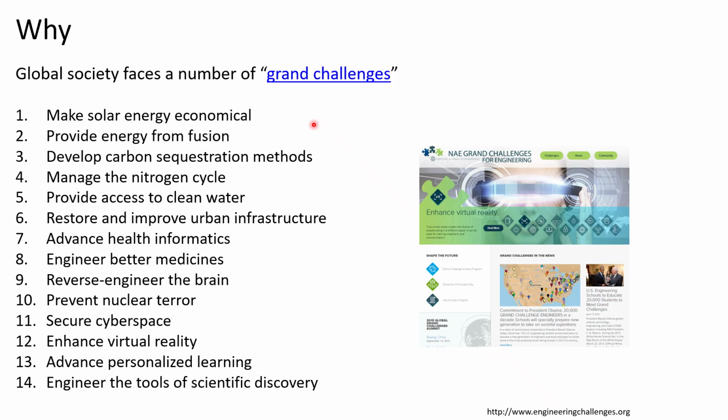And they range from issues related to energy production, things such as making solar energy economical, obtaining energy from fusion, and then how can we use fossil fuels in a way that's responsible by developing carbon capture and sequestration methods. Other issues include managing the nitrogen cycle and providing access to clean water.